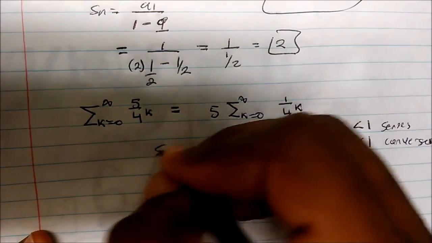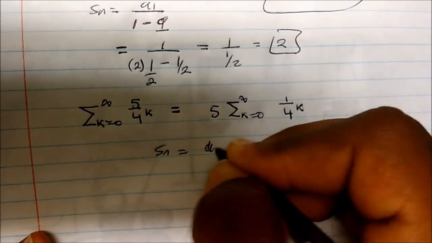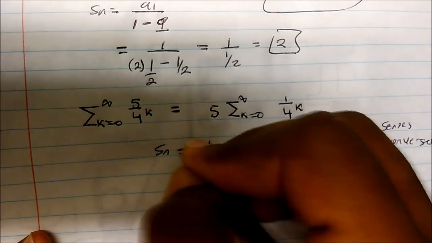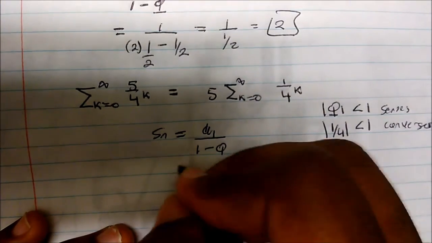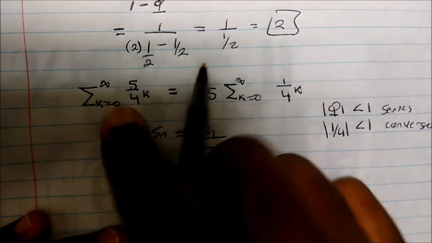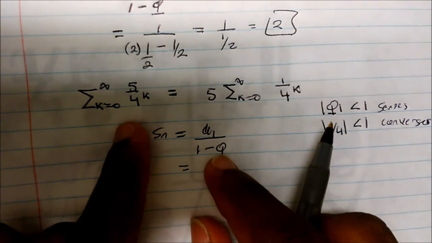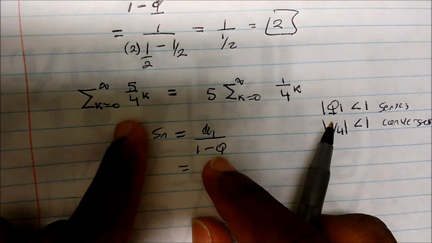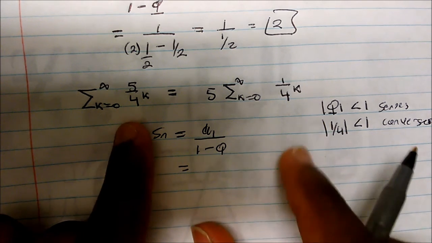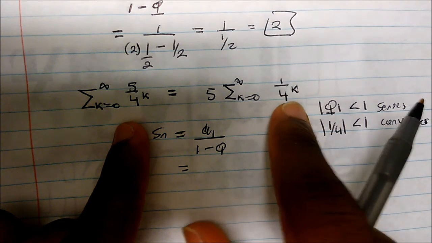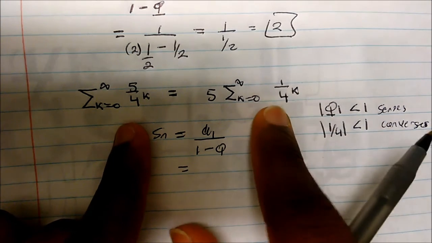Now, what is its sum? The sum is a_1, the first term, over 1 minus q. If I plug in 0, because this is where my series starts, 4 raised to the 0 power is 1, and 1 divided by 1 is 1.